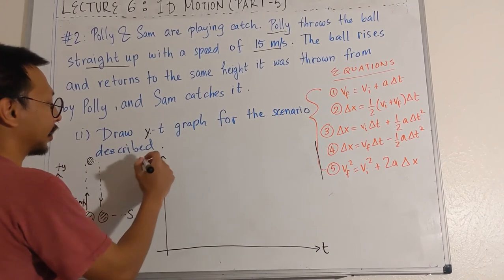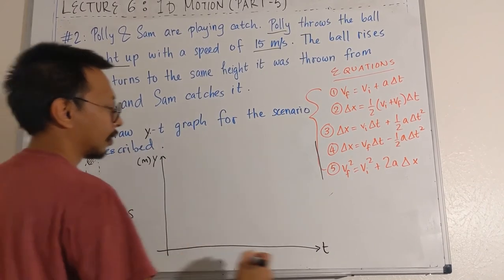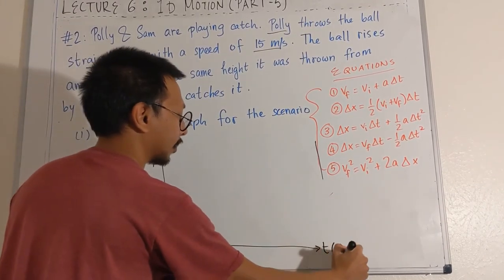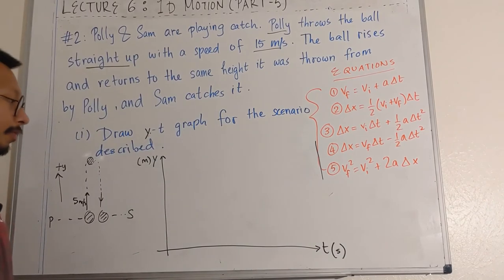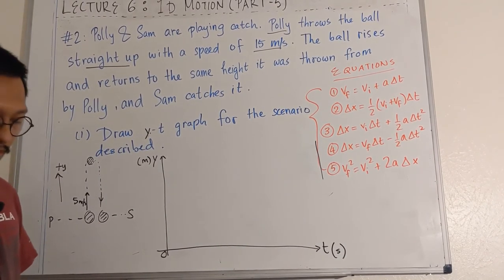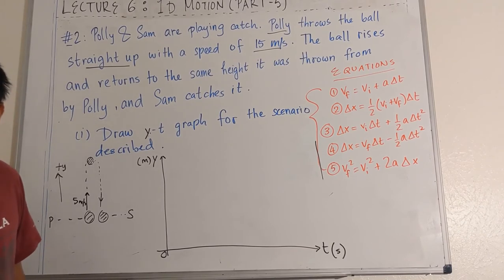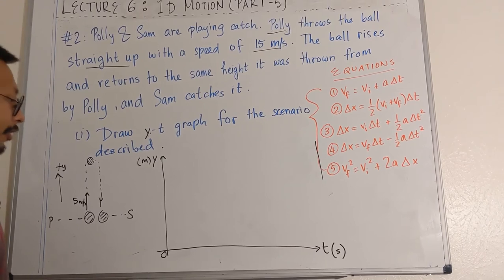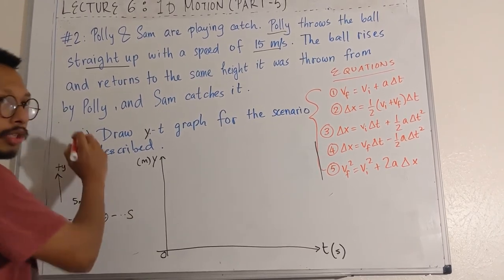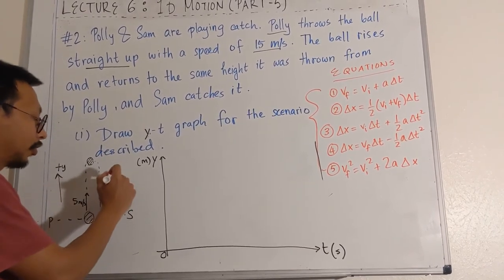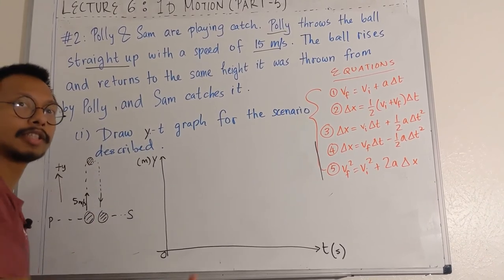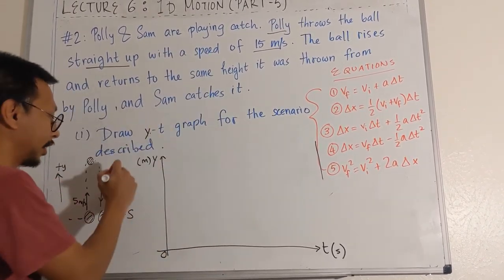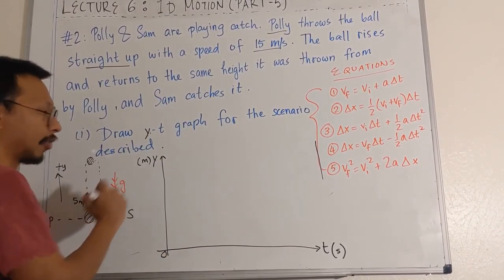Y is in meters, time is in seconds. Okay, this is the origin of the coordinate system. Now, what is the trajectory? It goes up. So when it's going up, you have to remember that anything that's moving in the vertical plane experiences acceleration due to gravity.